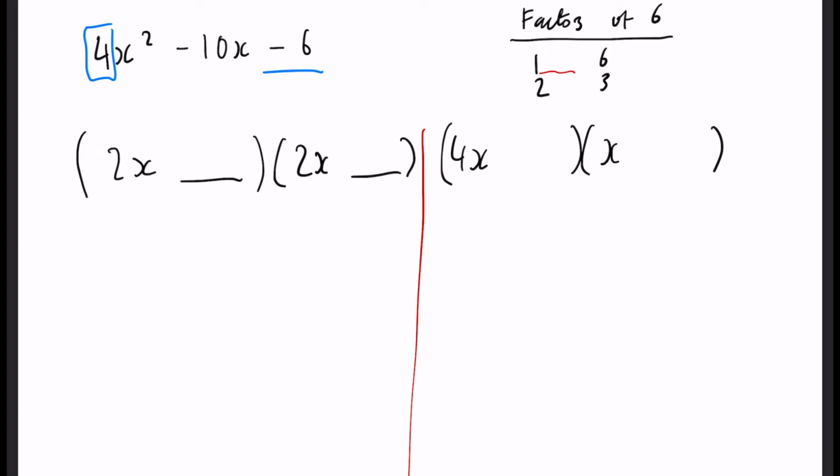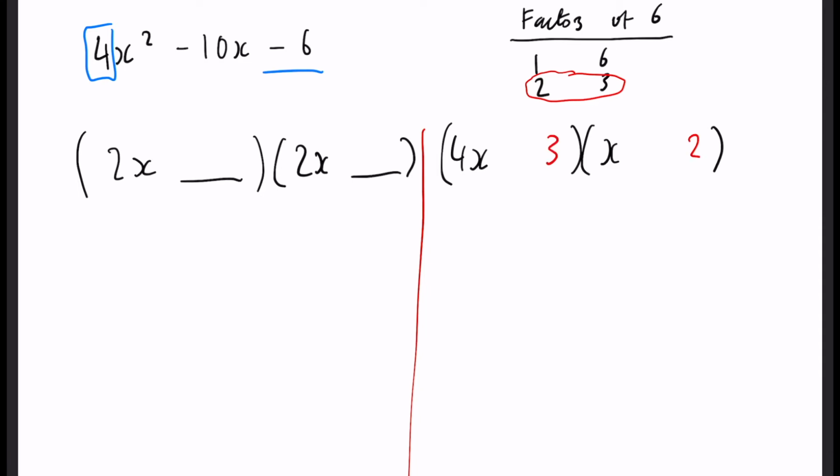So let's go with the 2 and the 3. Again, this might be just trial and error until we get it, to be honest. So let's pick the 4x and x situation on the right hand side first. When it comes to choosing between the 2x and the 2x, or the 4x and the 1x, just imagine the numbers going in. Imagine we put the 2 in here and the 3 in here.